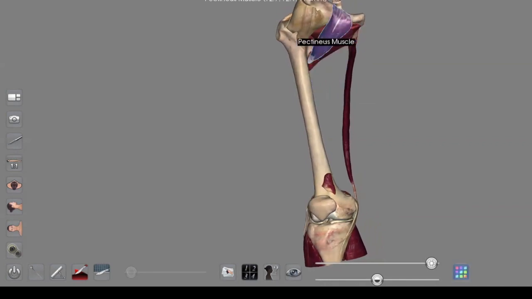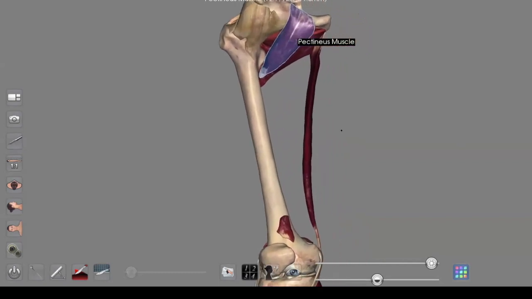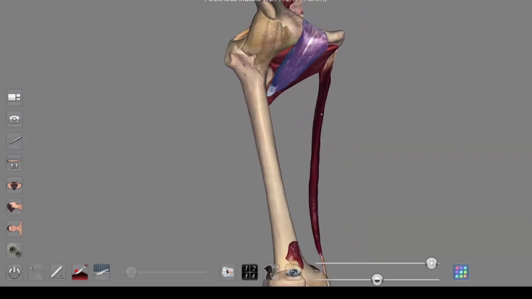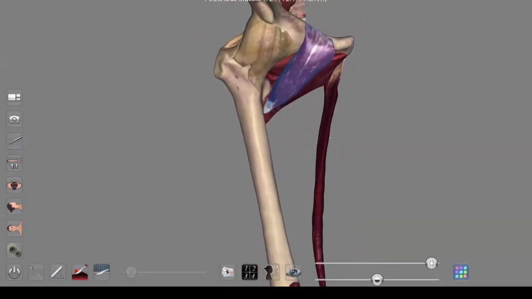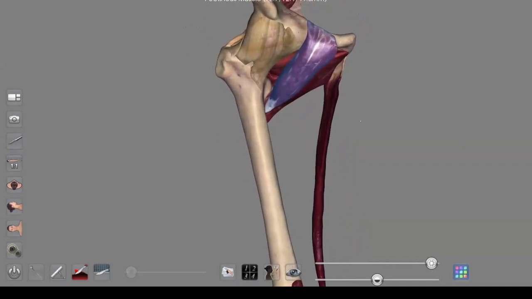The pectineus, as previously mentioned in the hip flexor group, has an origin on the superior ramus of the pubis and inserts on the pectineal line of the femur, just inferior to the lesser trochanter. This muscle assists in hip flexion as well as adduction.